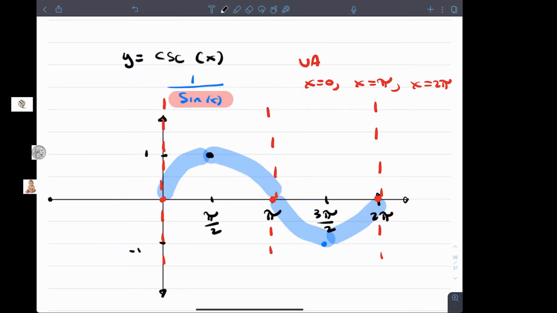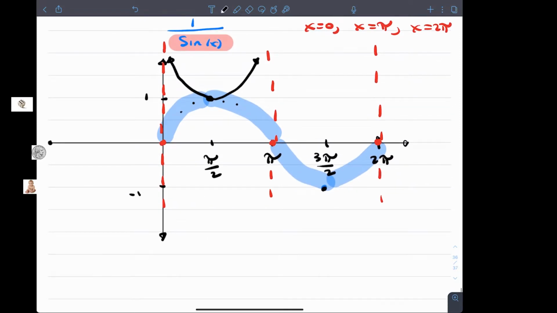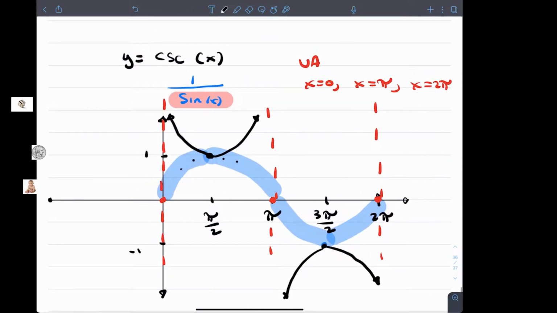Well, the reciprocal of 1 is 1, and like we did yesterday, all the points around it, believe it or not, are fractions less than 1. Taking the reciprocal of a fraction less than 1, you're going up and down forever that way. Same thing over here at -1, you're never crossing these vertical asymptotes. And so, ladies and gentlemen, you've got the graph of cosecant here.